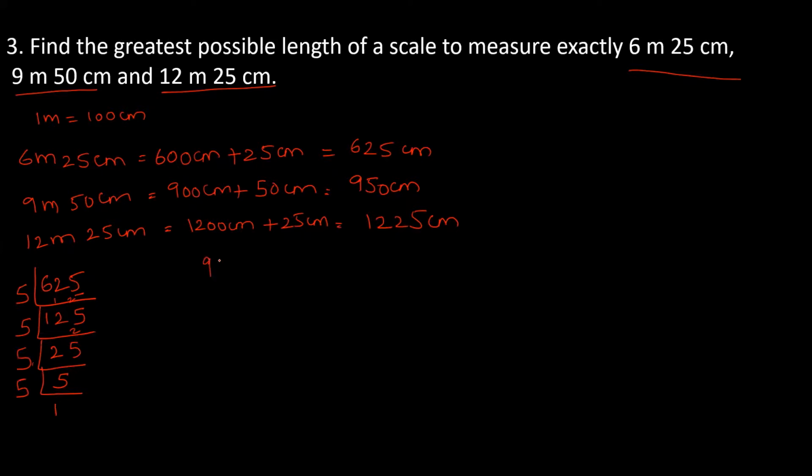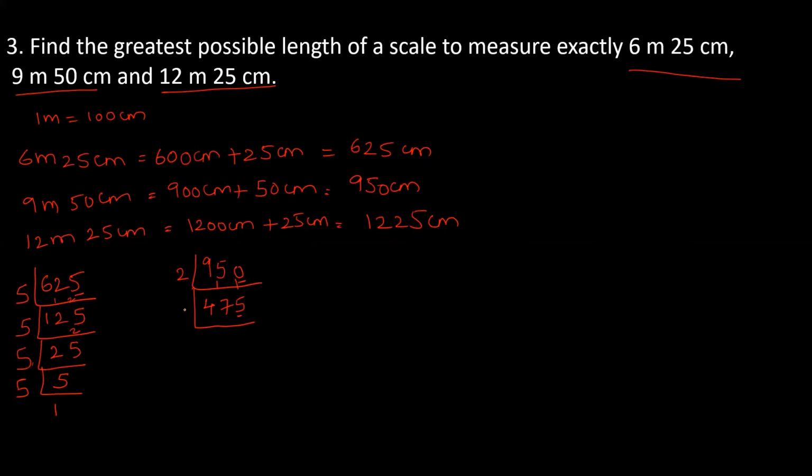Find prime factors for 950. The ones place is 0. So we can take 2. 2 4s are 8. 9 minus 8, 1. So 1 5, 15. 2 7s are 14. 15 minus 14, 1. So 1 0, 10. 2 5s are 10.